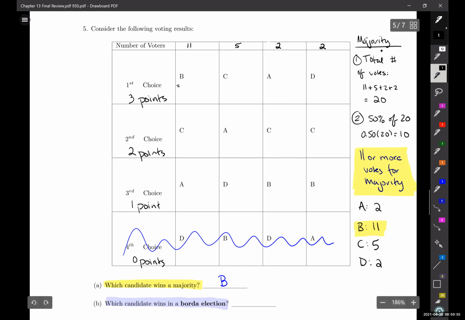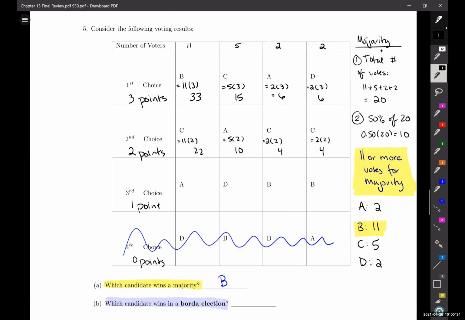Now I'm going to distribute the points. These 11 voters get their votes weighted by 3, so it's 33 points for B. These 5 voters get 3 points for their votes, so that's 15 for C. And then multiplying by 1 is just the number itself.